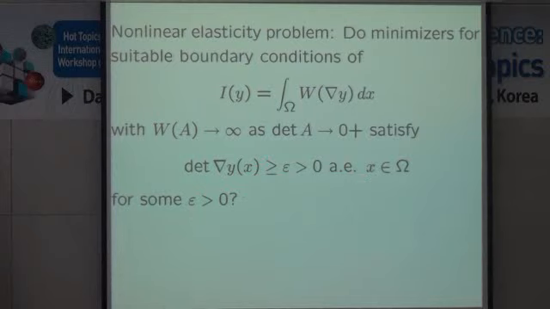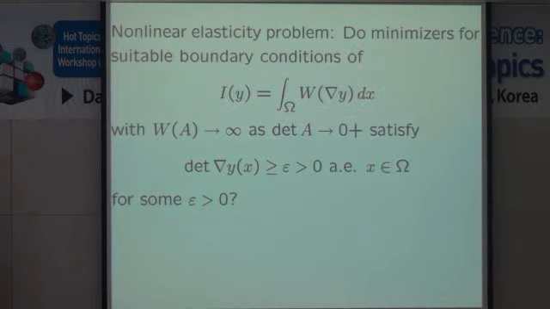That means that, for example, in nonlinear elasticity theory, if you try to minimize the total stored energy, we have various theorems which say that the minimizer of this exists, for example, for various models of rubber or something like this.